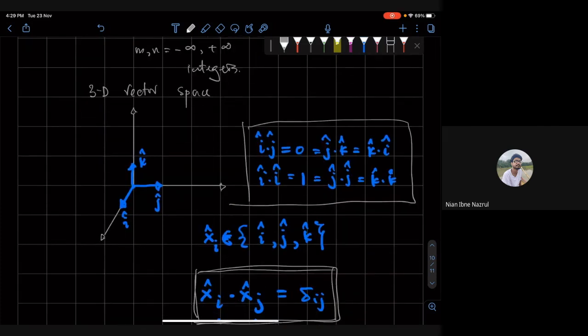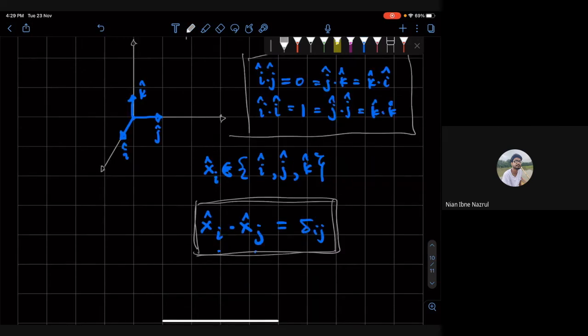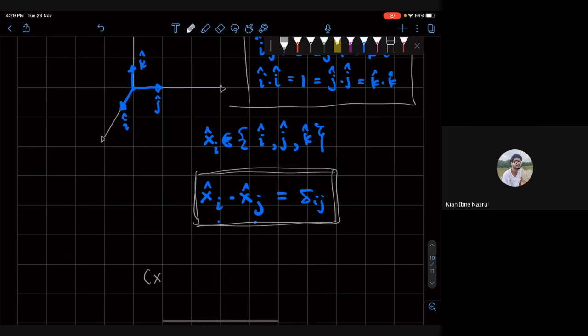The difference is that here, the inner product is real. So we could have written this as x hat_i, x hat_j equal to delta_ij. But in this case, x hat_i and x hat_j is equal to x hat_j comma x hat_i.